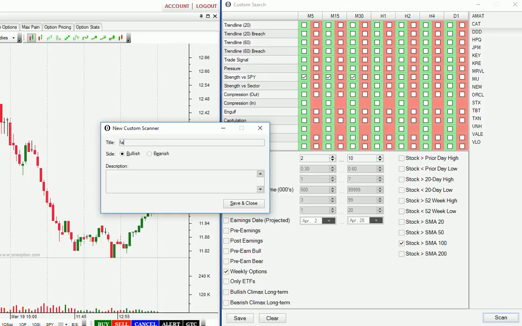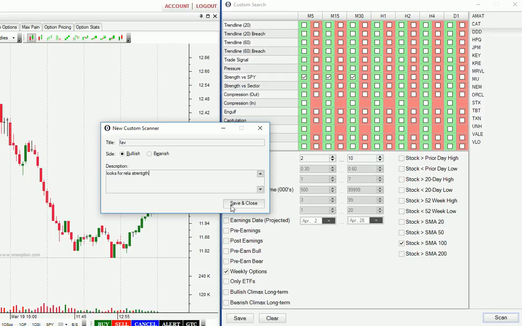But I'm just going to put fave for favorite, and it's going to be a bullish search. And then here I'm going to say looks for relative strength. You should make a very long description in here because you're not going to remember all the things that you put in for this search.